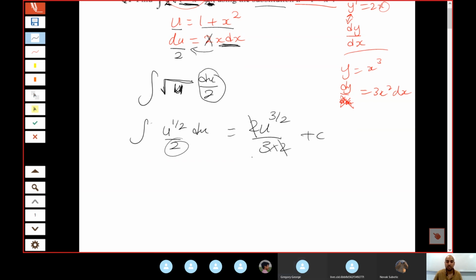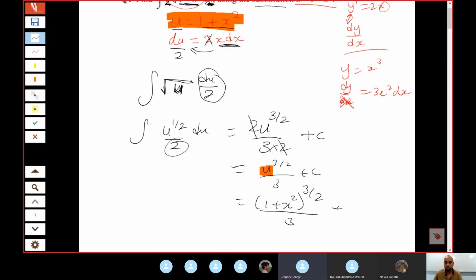The 2 and 2 cancel out. u to the power of 3 over 2, all over 3, plus c. And with any substitution, you always replace your substitution back in. So if u equals 1 plus x squared, your final answer is 1 plus x squared to the power of 3 over 2, all over 3, plus c.